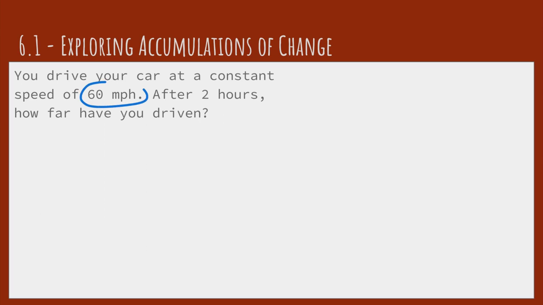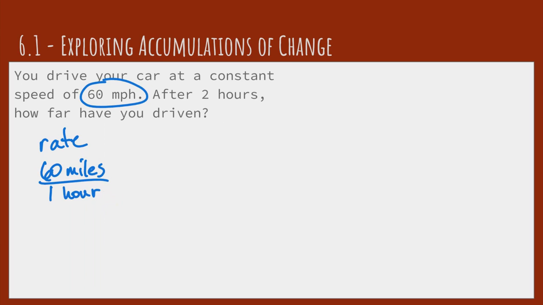Well, this 60 miles per hour here is a special value. It's what's called a rate, and a rate is just a ratio, but it's specifically a ratio where we compare quantities with two different units. So we go 60 miles in 1 hour.